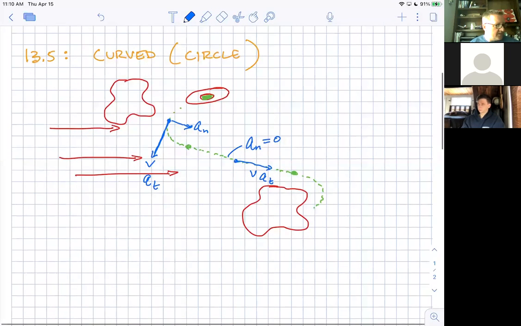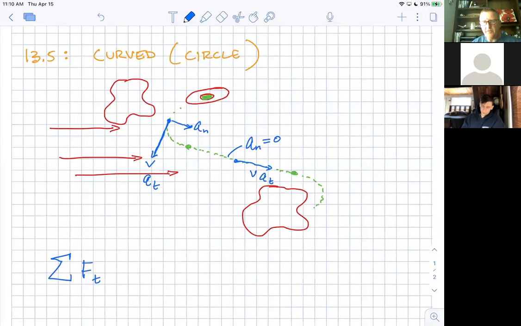In other words, if you look at your note sheet, I want the sum of the forces in the tangential direction. So the forces, again, this is what's causing you to move. Does it make sense in the case of this kayaking example that there'd be two things causing me to move? One of them would be me paddling with my arms.